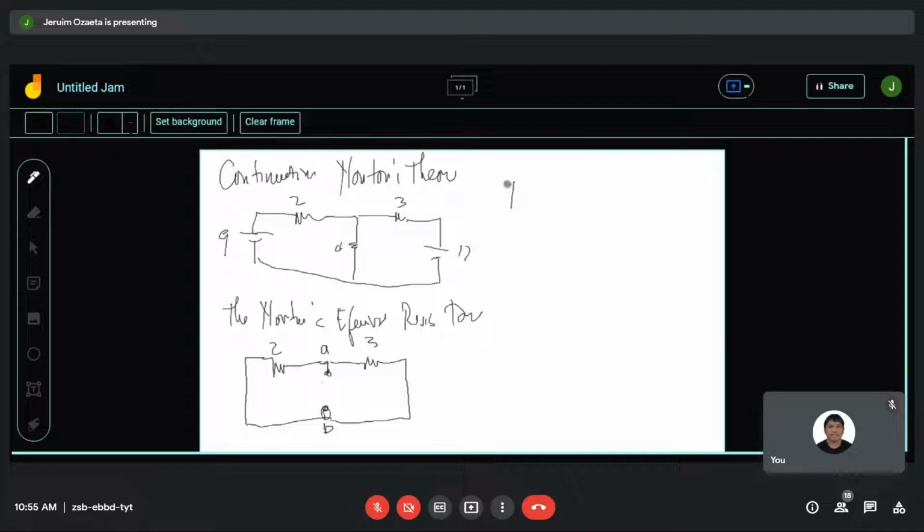So that RAB is actually the Norton equivalent resistance. So in this case, Norton's equivalent resistance is equal to 2 nakaparallel, di ba? Parallel 2, 3 over 2 plus 3. This is 1.2 ohms. Pwede mo ring tingnan na parang ganito.